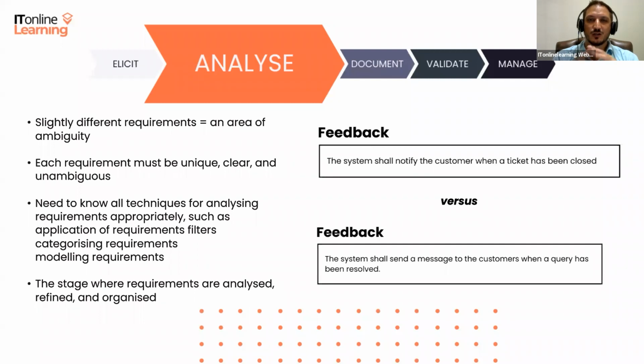So during this analysis phase, we'll also be modeling the requirements to help us understand what the new system is to do, slowly getting to a stage where we can produce clear documentation for the developers. And we'll also use these models to go back to the users or the stakeholders that we initially elicited the requirements from.